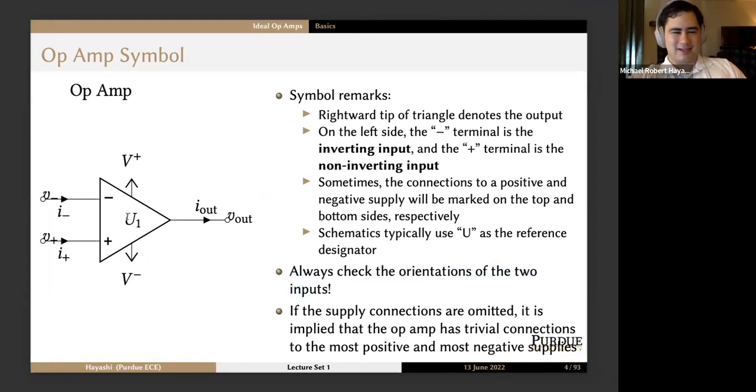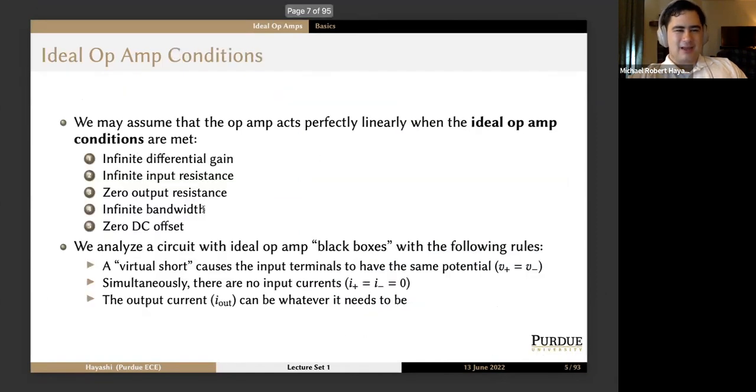And we're going to use reference designator U for our op amps in this course. Cool. So the ideal op amp conditions, again, this is something I would star. We're going to say that there are 5 of them in this class when in reality there's like 11 or 12 of them. So: infinite differential gain, infinite input resistance, 0 output resistance, infinite bandwidth, 0 DC offset.